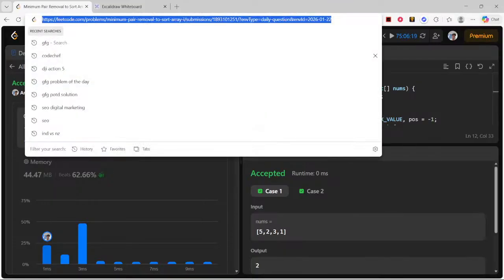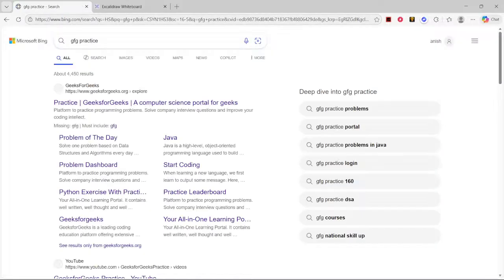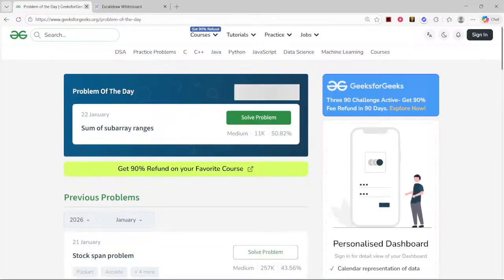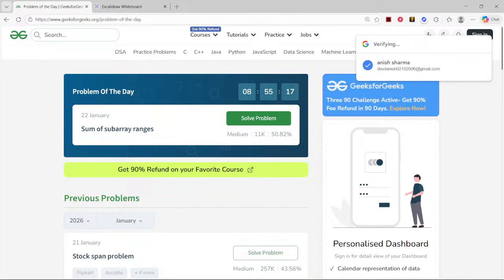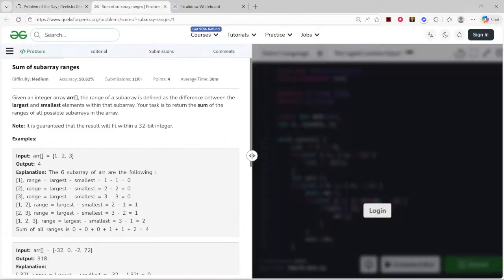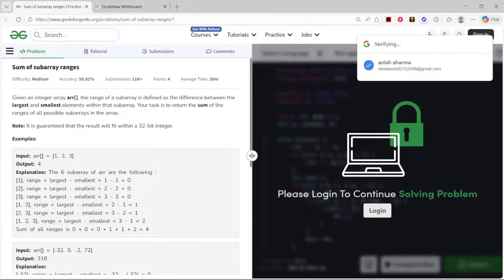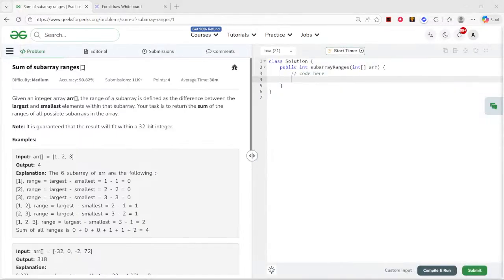And now GFG, right. We have to do GFG. Sum of subarray ranges.